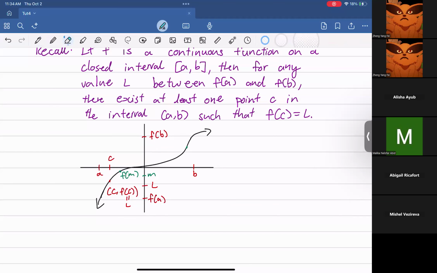Oh, sorry. M should be on the x-axis. So if I can find an M so that this is going to be f of M, right?